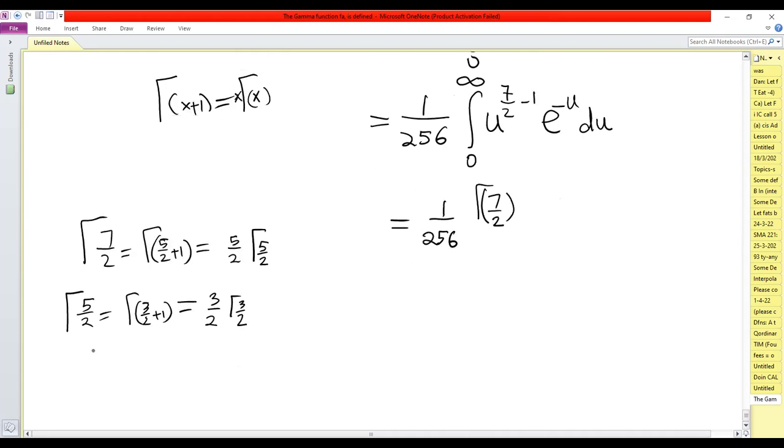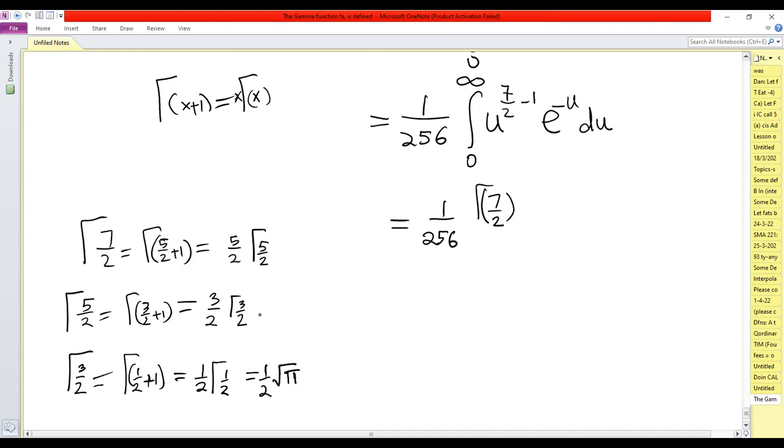And then gamma of 3 over 2 is the same as gamma of a half plus 1, which is a half gamma of a half. And gamma of a half is square root of pi. So it's a half root pi.